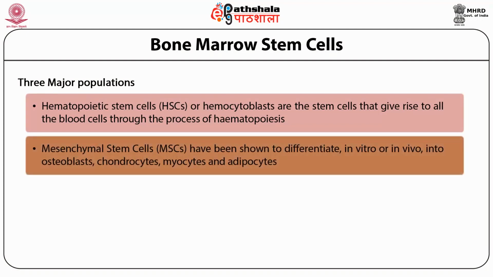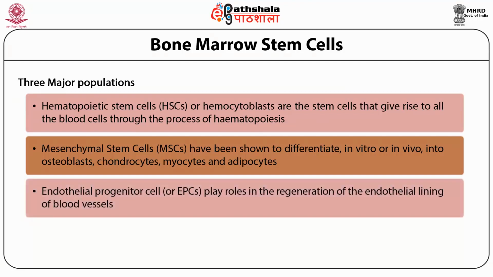We have mesenchymal stem cells in the bone marrow, which give rise to the support cells or the cells of the bone and cartilage like osteoblasts, chondrocytes, muscle cells, myocytes, and fat cells like adipocytes. And then we have the bone marrow endothelial progenitor cells, which play a role in the regeneration of the endothelial lining of the blood vessels.